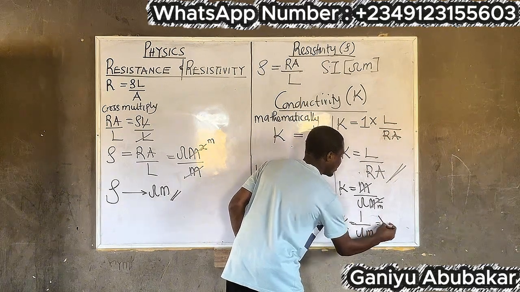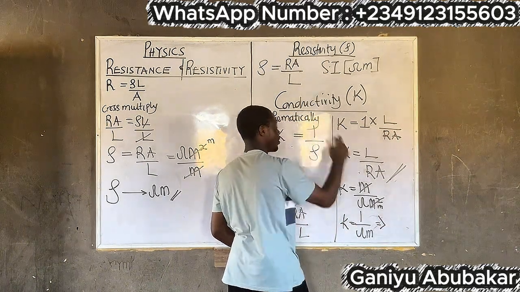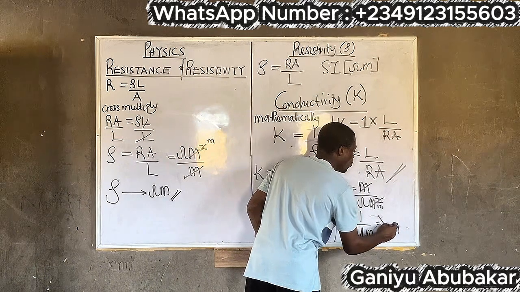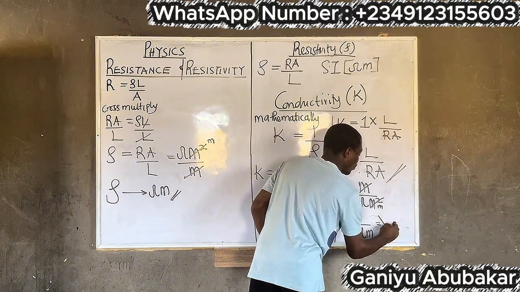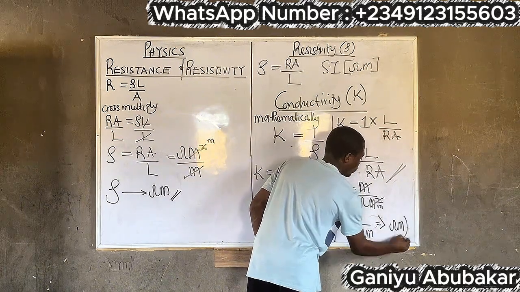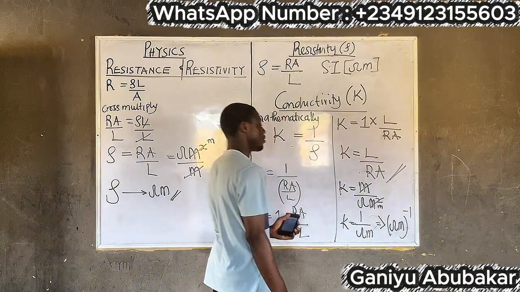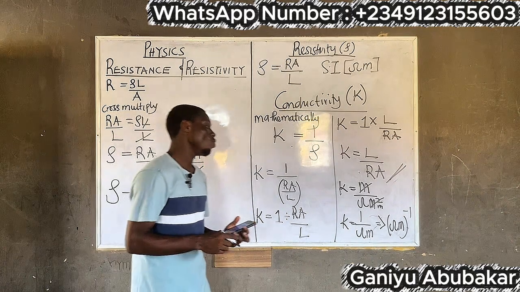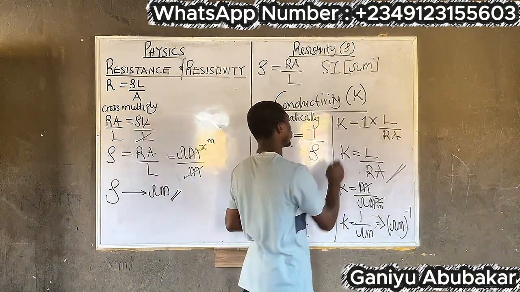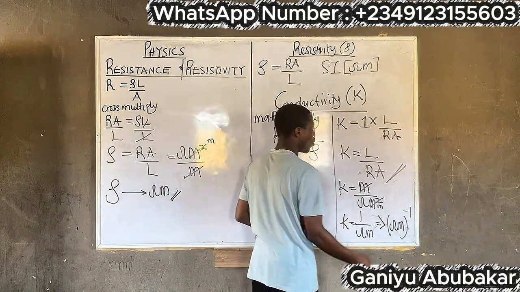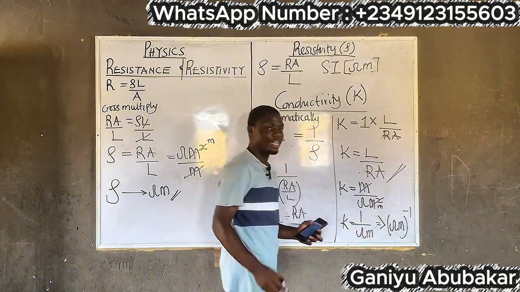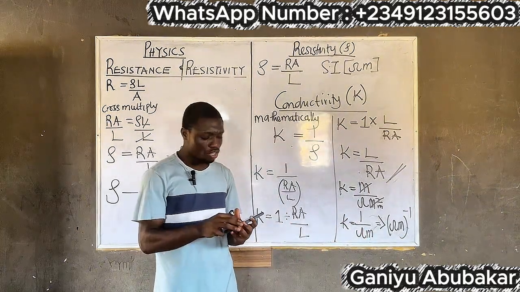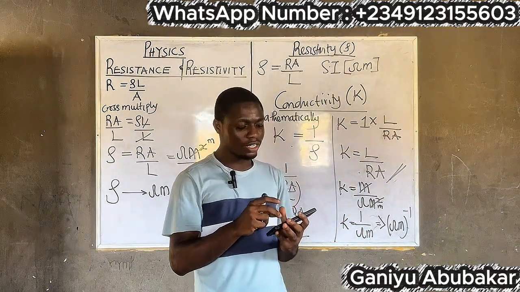So the SI unit for conductivity is per ohm meter, or ohm meter to the power minus 1. This is how the concept of conductivity works.